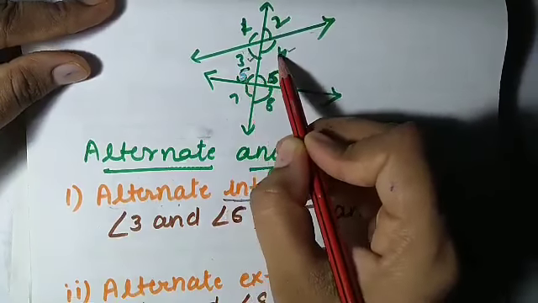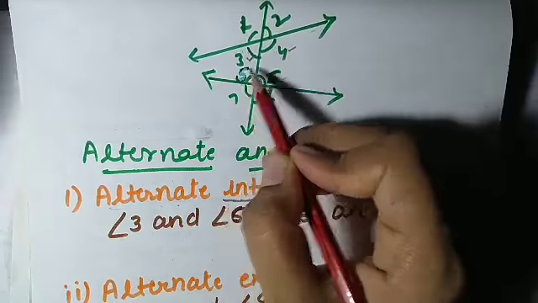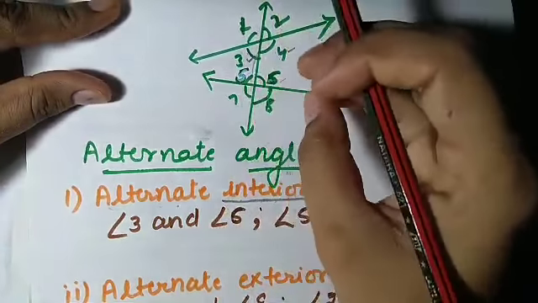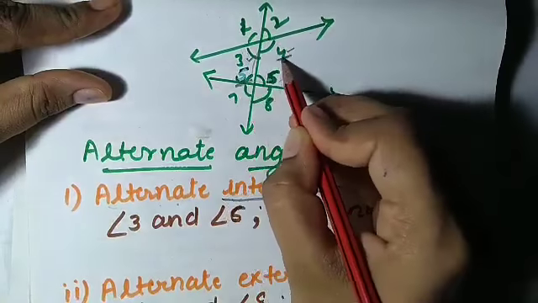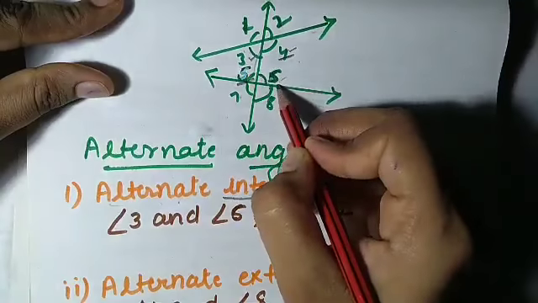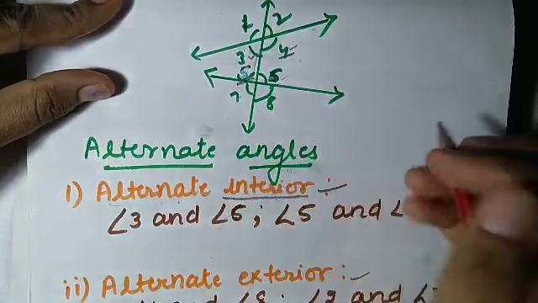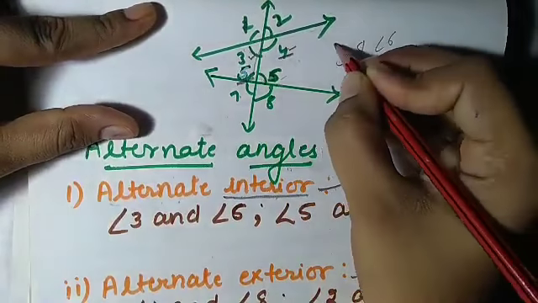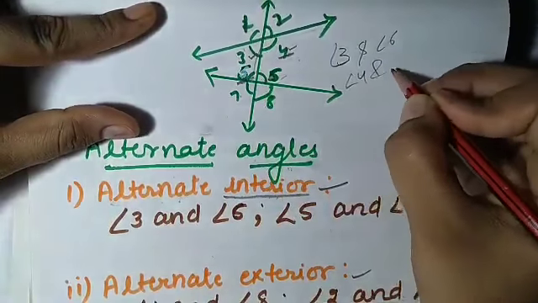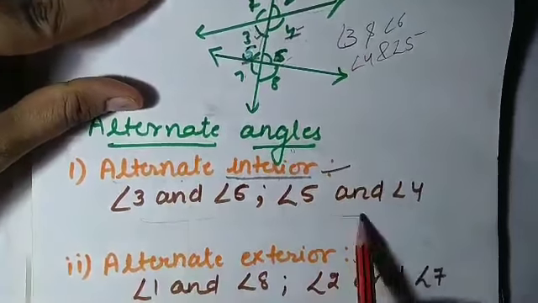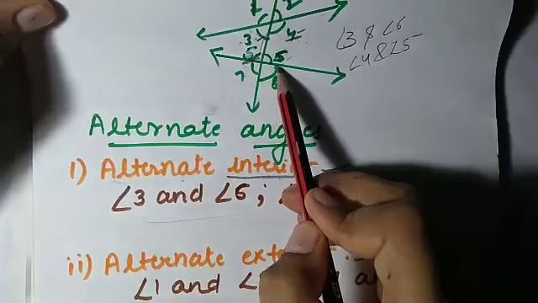Alternate means just opposite, and interior means inside the lines. So there are 2 pairs of alternate interior angles, angle 3 and 6, and angle 4 and 5. These are known as alternate interior angles.